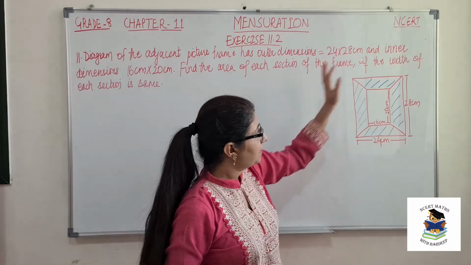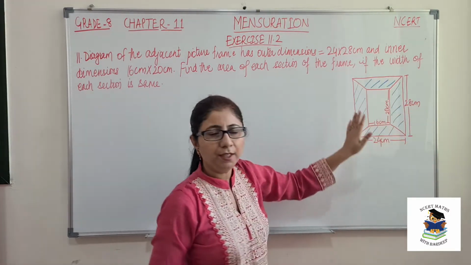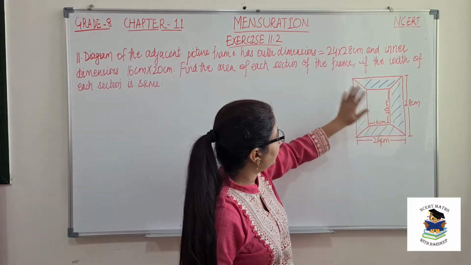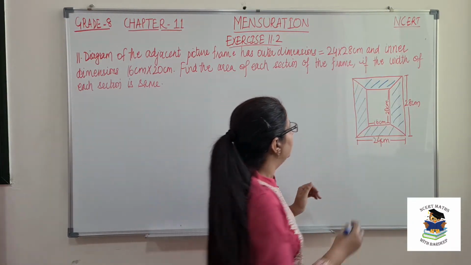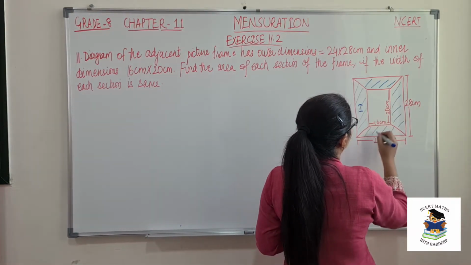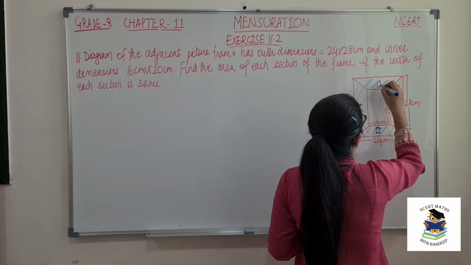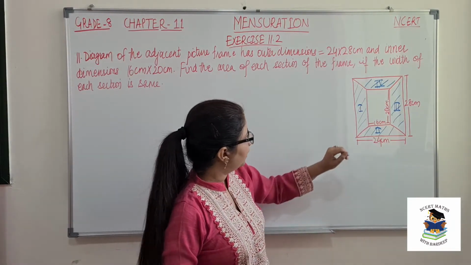Okay, so this means in this full picture frame, here the picture will come and this outside area we need to calculate. We can see from the diagram that there are 4 different trapeziums, and let it be 1, 2, 3 and 4. Now let's check their dimensions.